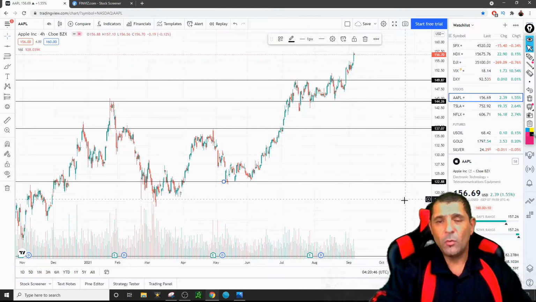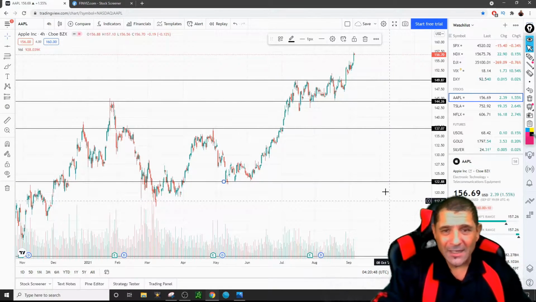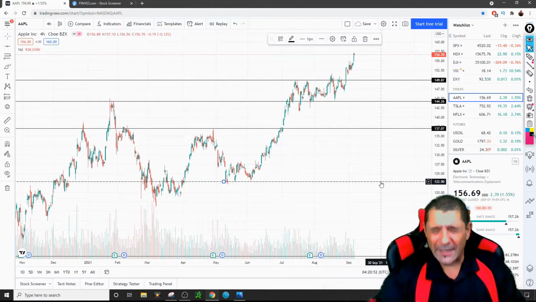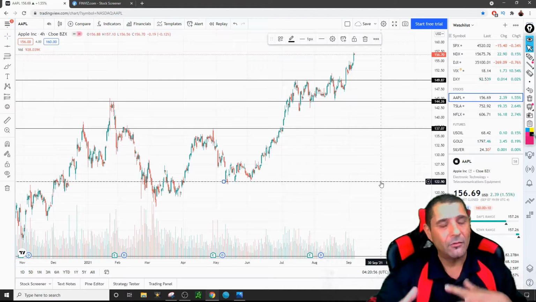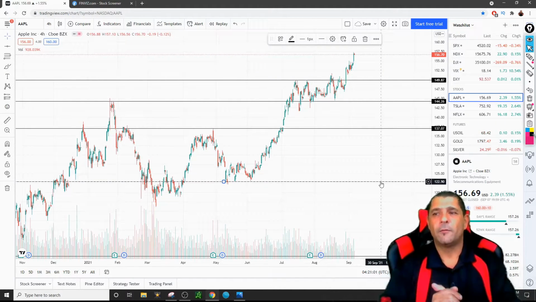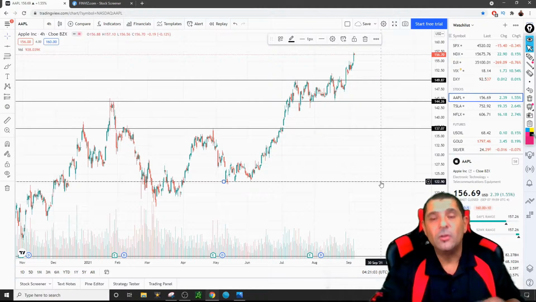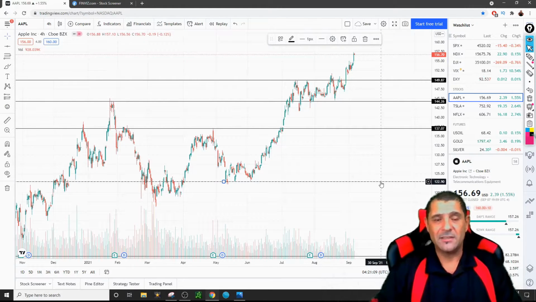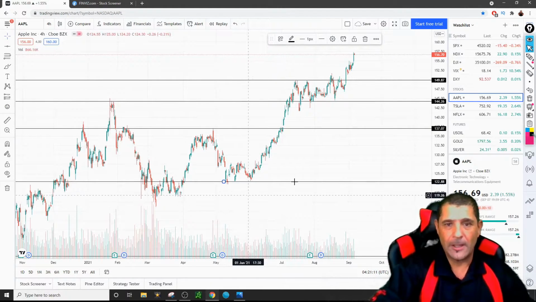You don't want to squint your eyes and wonder, is that a level or not? If you have to squint your eyes and it's difficult to see that level, it's not a level. You really want an obvious level that is the support or the resistance. You want to make sure.